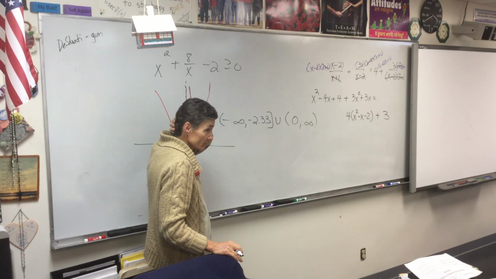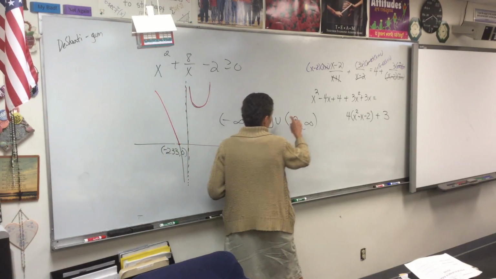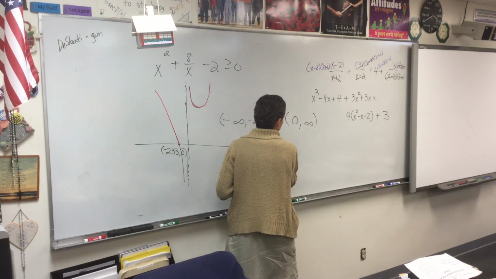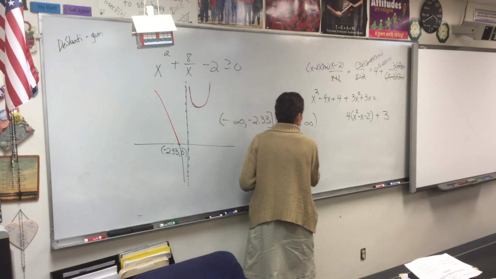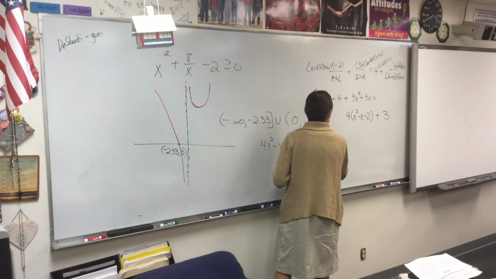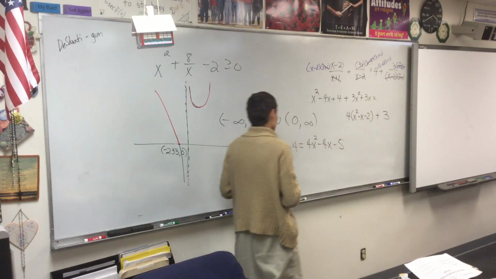Everybody okay? Now it's just a simple little equation. Here we go. Let's clean this up. What have I got? 4x squared minus x plus 4 equals 4x squared minus 4x minus 5. I have a minus 8 and a plus 3.